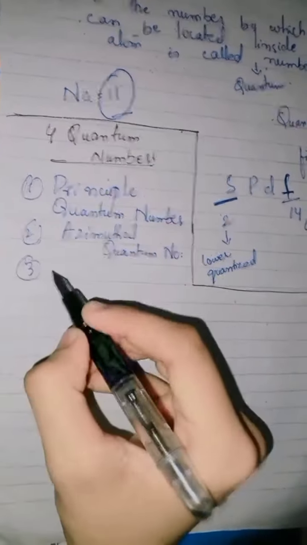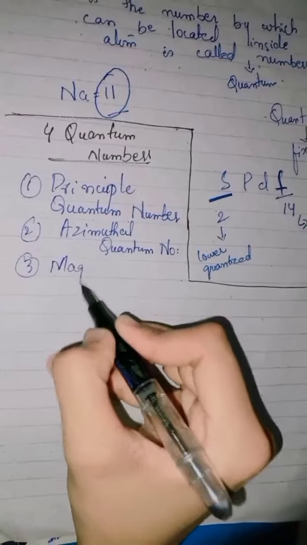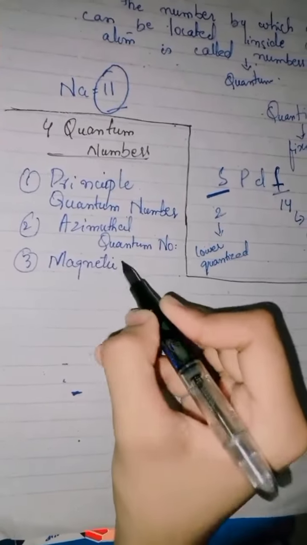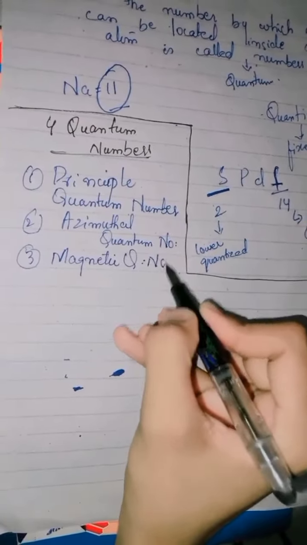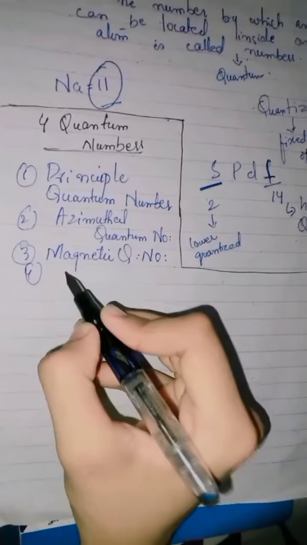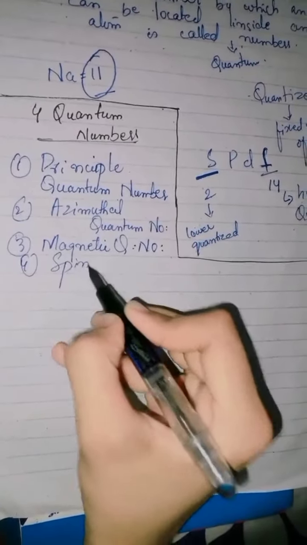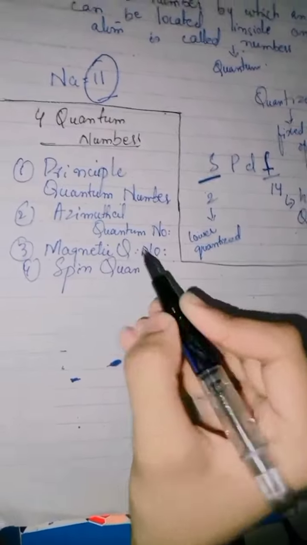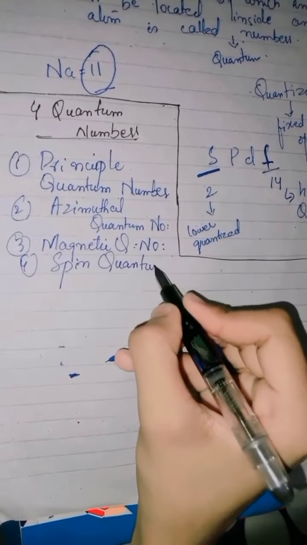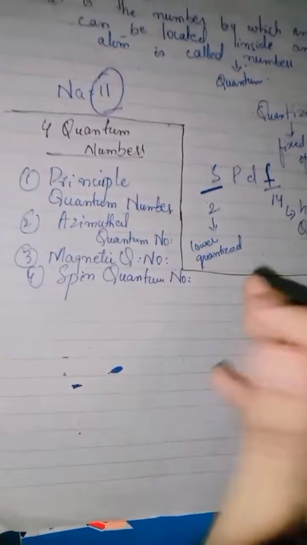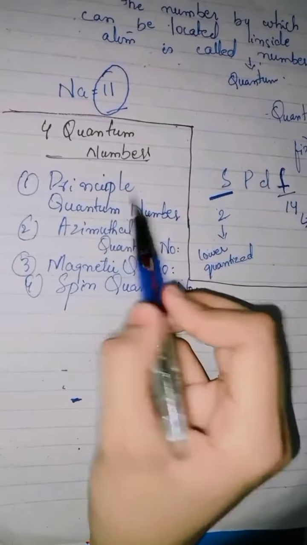Third we have the magnetic quantum number. Fourth we have the spin quantum number. We'll be discussing all of these one by one. So starting with the first, the principal quantum number.